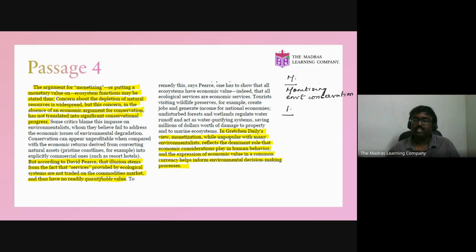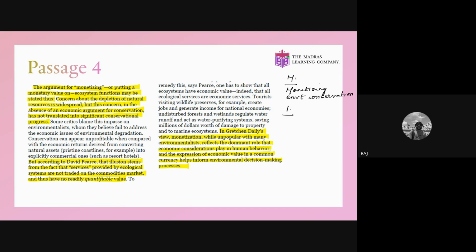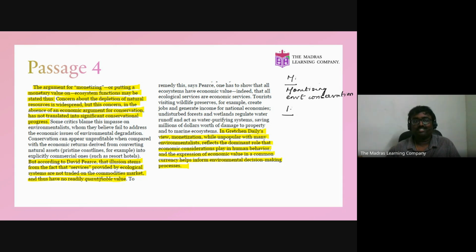Read the highlighted sentences carefully and tell me what the concern in the passage actually is. The concern is about the depletion of natural resources. No, this is what we call getting lost in the details. You've read too much.